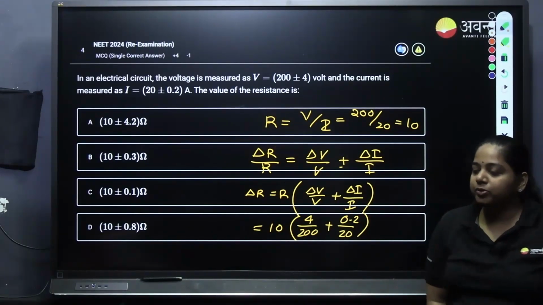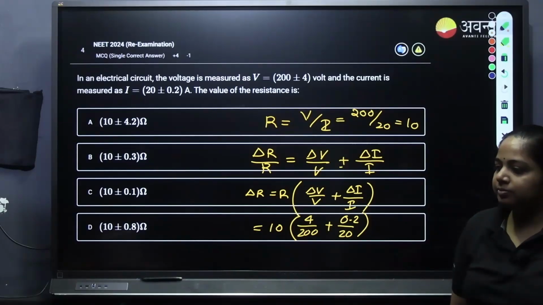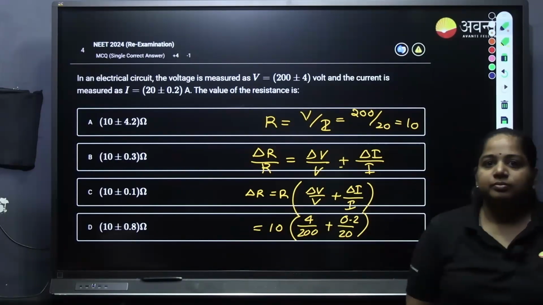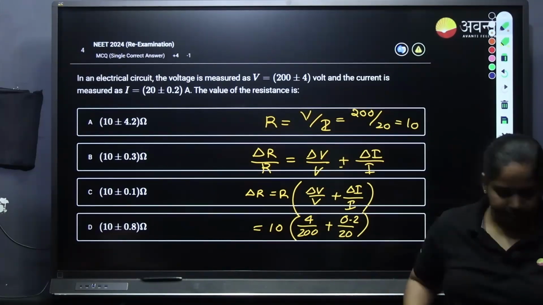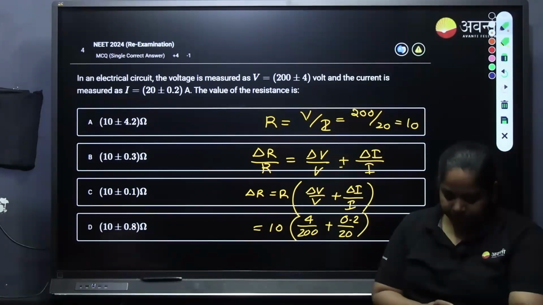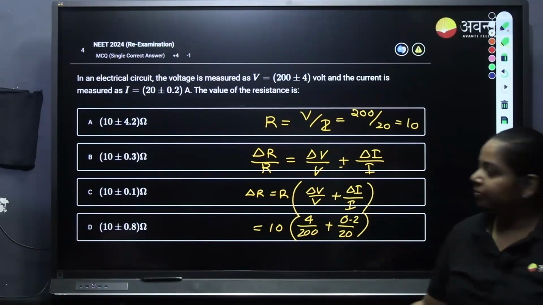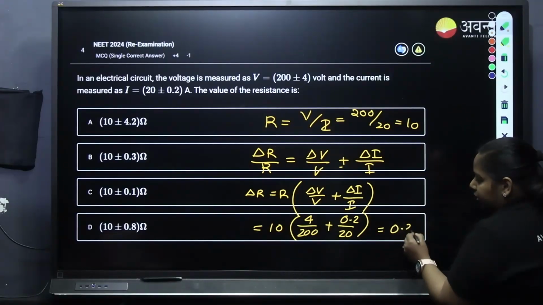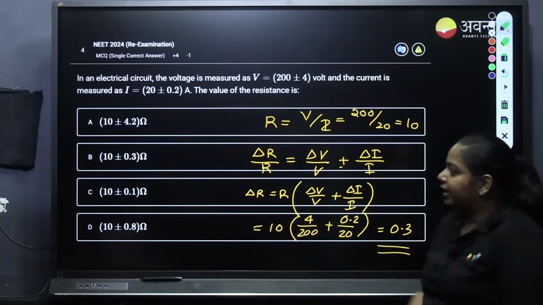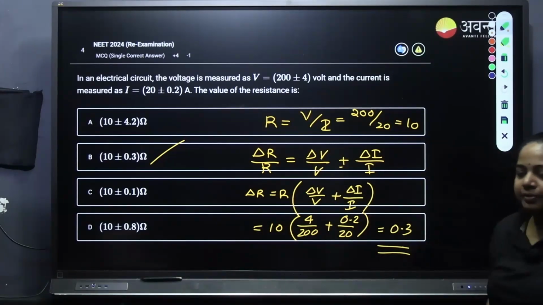If you get it, you can post in the chat. Yes, option B. This is equal to 0.3. So the answer is option B. Okay, very good.